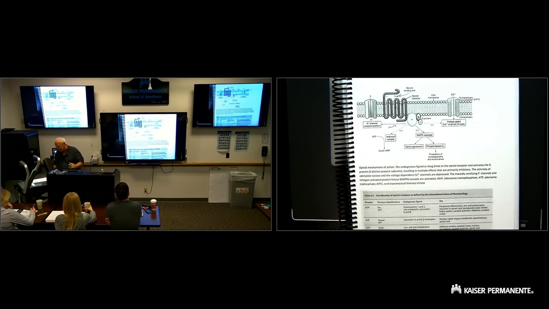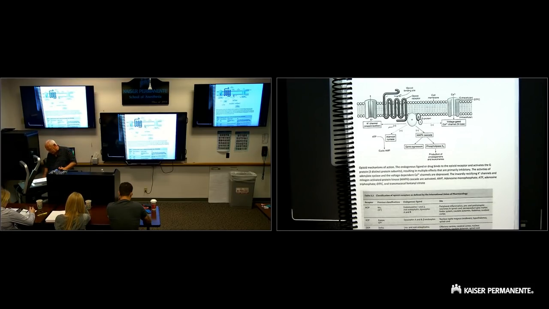We don't have to get into every one of them, but let's read what the person said. Opiate mechanisms of action. The endogenous ligand, or a drug, so in other words, enkephalins, endorphins, or dynorphins, or a drug, binds to the opiate receptor and activates a G protein, resulting in multiple effects that are primarily inhibitory.